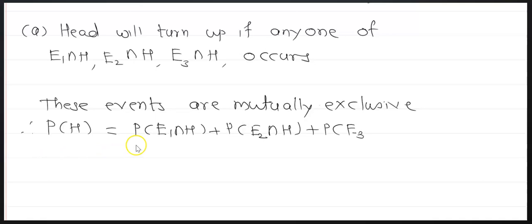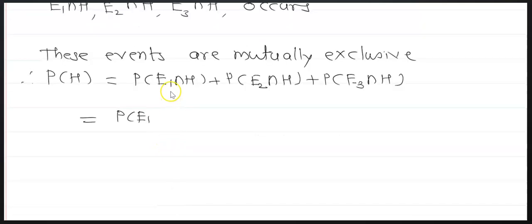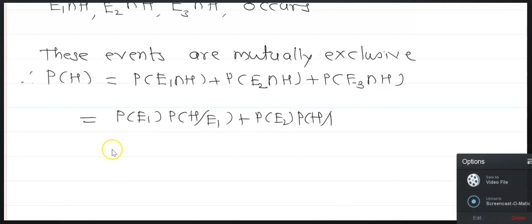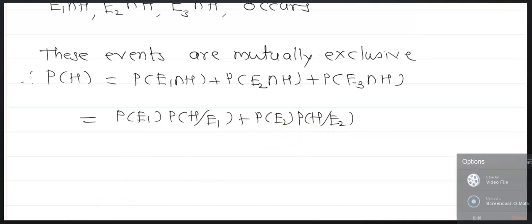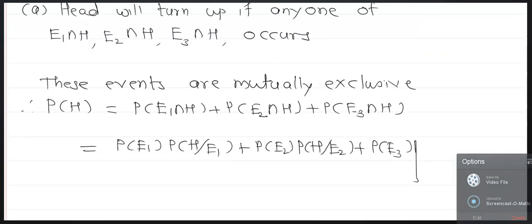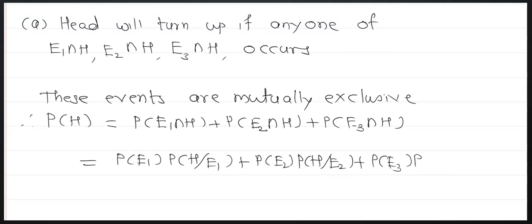That is, probability of H is equal to probability of E1 intersection H plus probability of E2 intersection H plus probability of E3 intersection H. That is equal to probability of E1 into probability of H conditional E1 plus probability of E2 into probability of H conditional E2 plus probability of E3 into probability of H conditional E3.